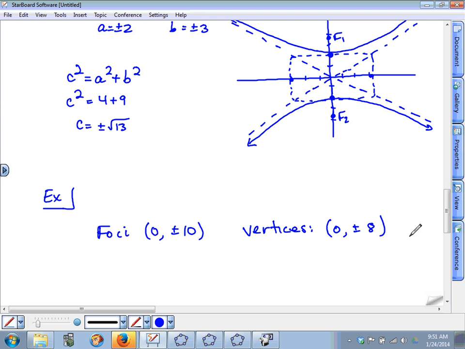They would ask you then to give the equation. What would the equation of that hyperbola be, given that information? Well, first, what kind of a hyperbola is it? Vertical or horizontal? Vertical. It is vertical because those are on the y-axis. We've done ones like this with an ellipse, so I'm sure you can figure it out.